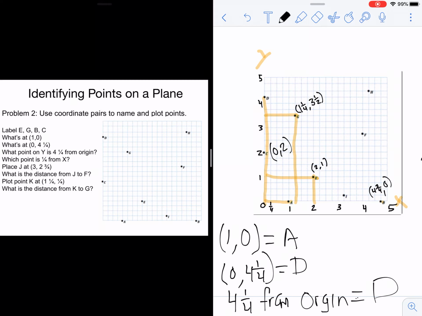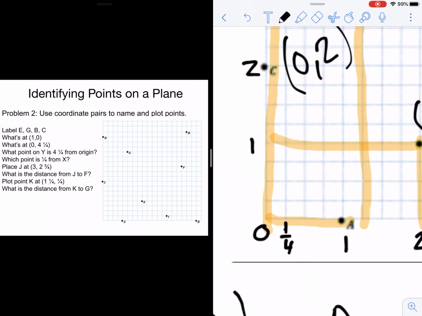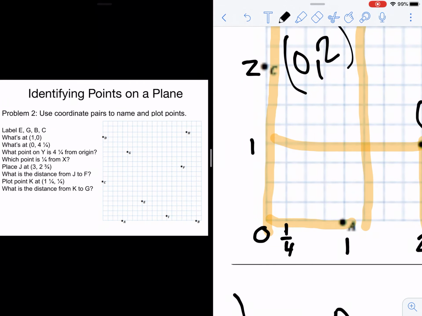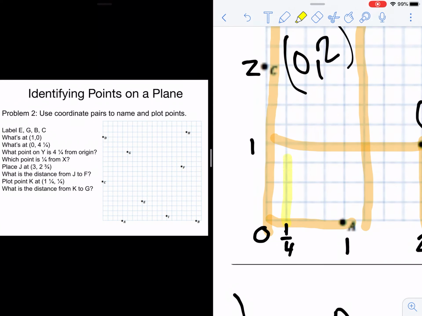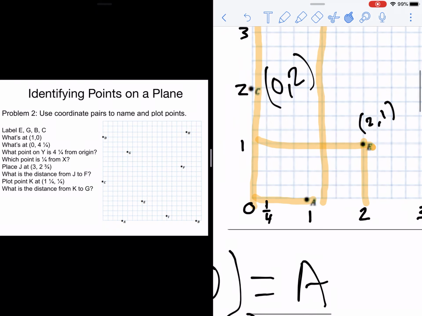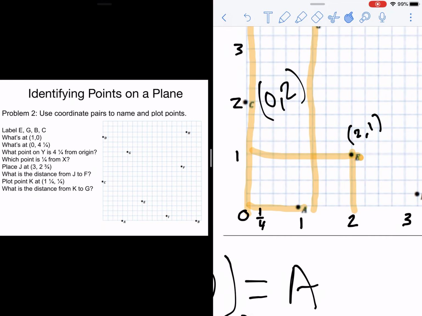Doesn't mean it has to be just on the x-axis. So if we look here, 1/4 from x could be this. I'm going to make this. Okay. 1/4 from x could be anything on this line. But there's nothing there.